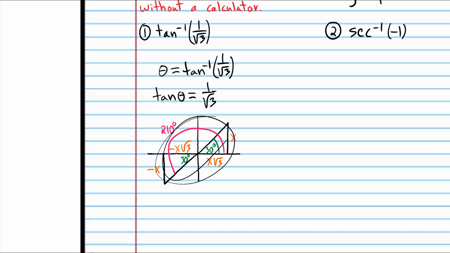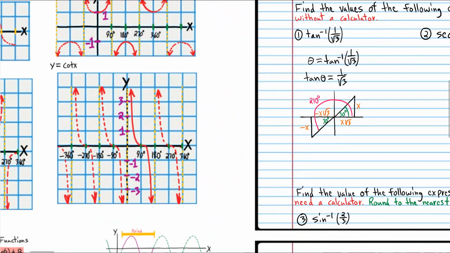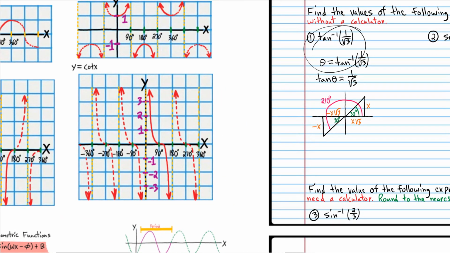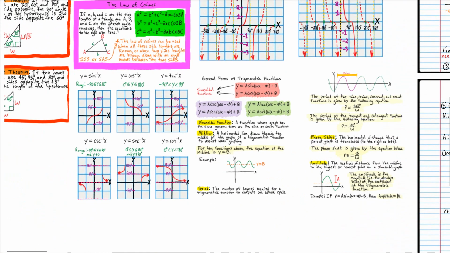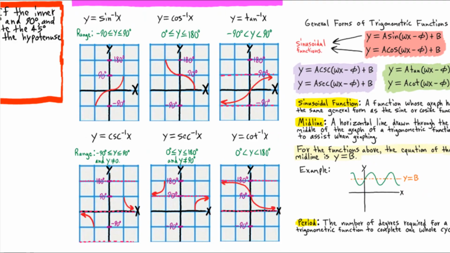So this picture is just showing 2 possibilities, but remember, we're looking for the value of the tangent inverse expression, and we've got limitations for what tangent inverse can be. Look up at the right. Tangent inverse has to be between negative 90 degrees and 90 degrees.